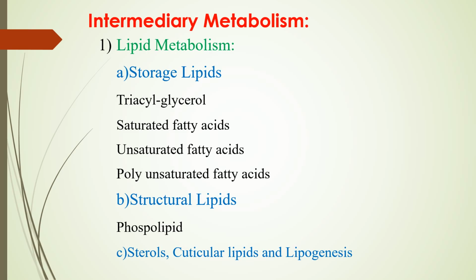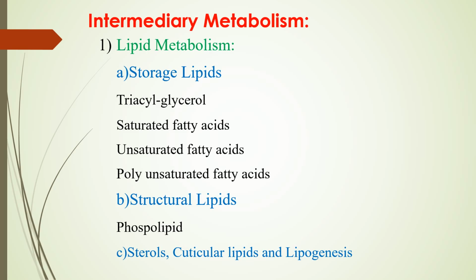The total lipid contained in insects varies inter- and intra-specifically. Then storage lipids. The storage lipids are the acylglycerols, particularly triacylglycerol, which is a major source of metabolic energy in insects. The distribution of triacylglycerols varies according to the demand of the insect, developmental stage, and tissues.